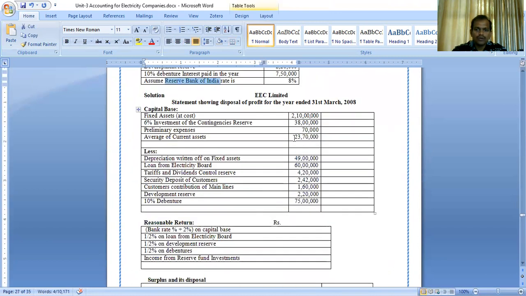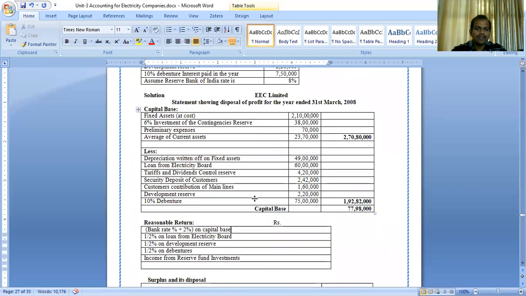So let us calculate the totals. So it comes around 2 crore 70 lakh 80,000, and the deductible items are 1 crore 92 lakh 82,000. So capital base is 77 lakh 98,000.